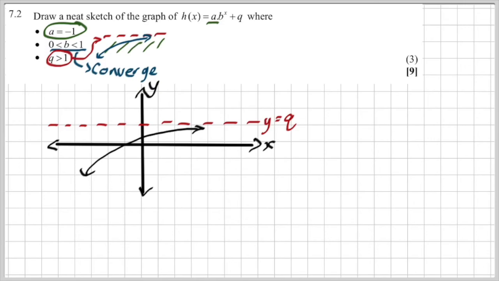The third mark, sorry, I'm getting confused now, the last mark is for shaping towards the asymptote. That is where the marks would be given here. This could actually be a 4-mark question, but 3 marks is perfect.